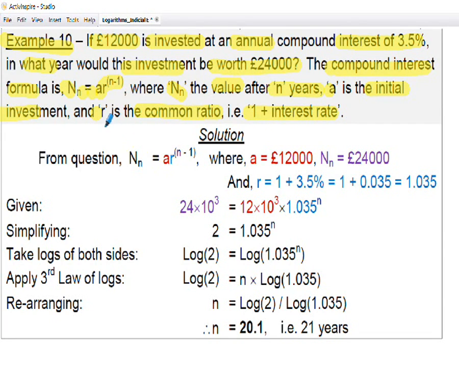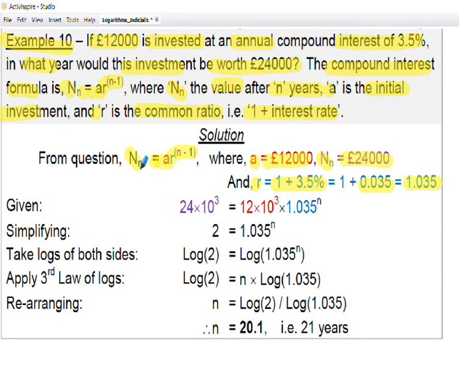So from the question, A is £12,000, U_n is £24,000, and the common ratio r is 1 plus 3.5%. Don't forget percentage is written as 0.035 here, divided by 100, so the r value is 1.035.